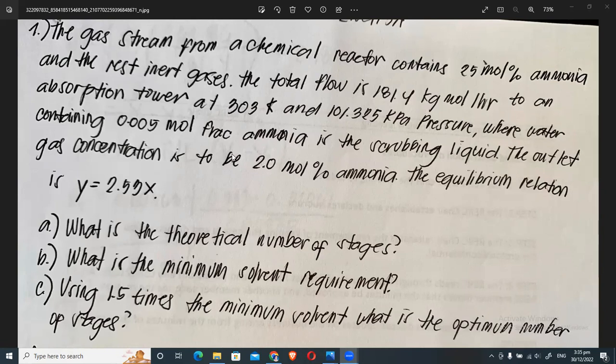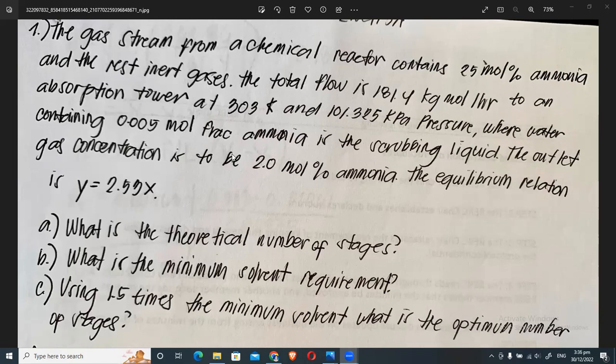If it's not given, if it's only one of these two that is given, at least you should have been given, for example, the percentage recovery. That way you can connect the amount of the solute that was taken from the gas that went with your liquid. Other than that, if you go to sample problems in whichever reference books that you have, the amount should be given so that you can solve the theoretical number of stages.